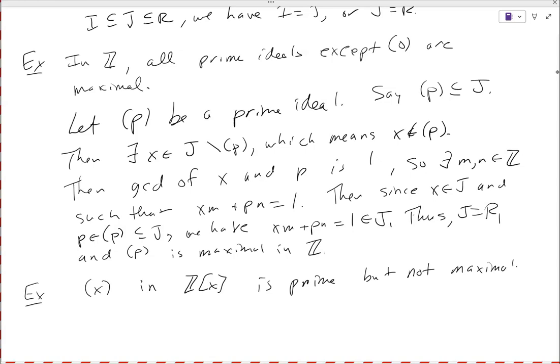The constants in the ideal generated by x is 0, right? So this is the set of all polynomials with 0 constant. This is, remember, the set of everything that you can generate by using multiples of x plus multiples of 2.